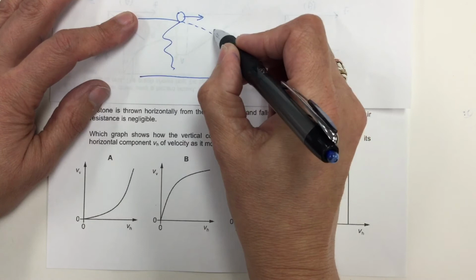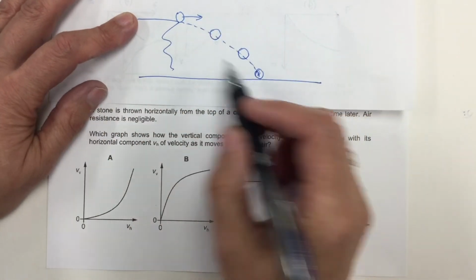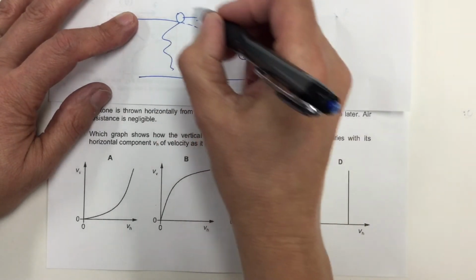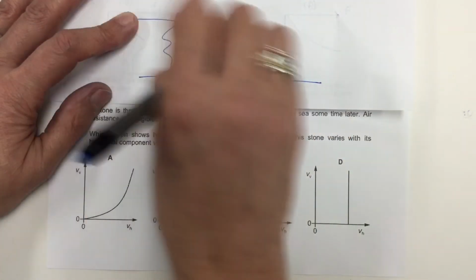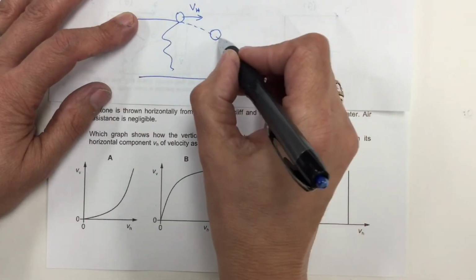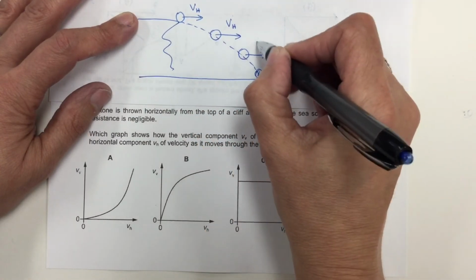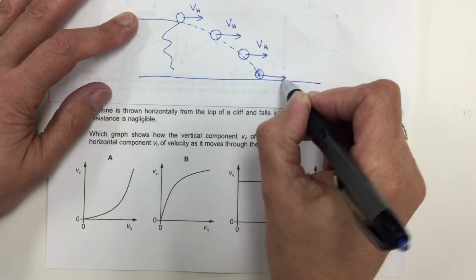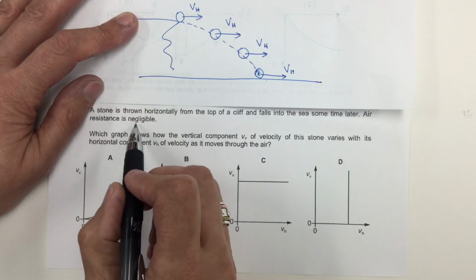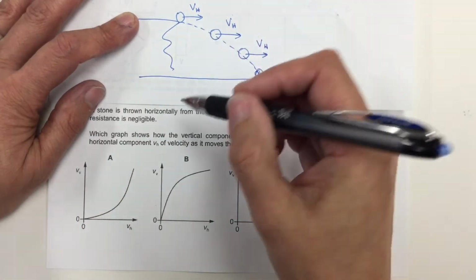And let's draw 4 stages of this fall. This is the horizontal component, this one. And the horizontal component is constant, not affected by the acceleration of gravity, because the air resistance is negligible. Now, what happened to the vertical component?